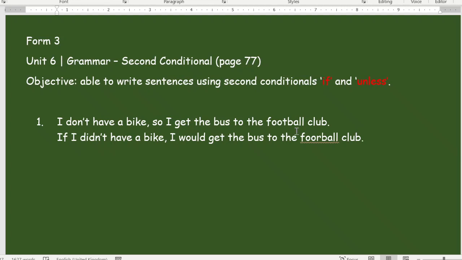Football? Not football, okay? Football, typo there. If I didn't have a bike, so we have if, and then we also use the word would. If I didn't, I would. We could also use the word unless.